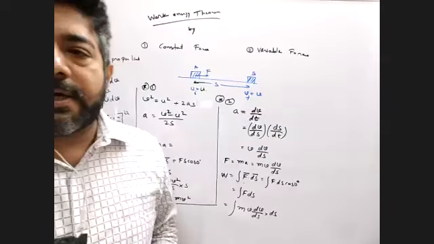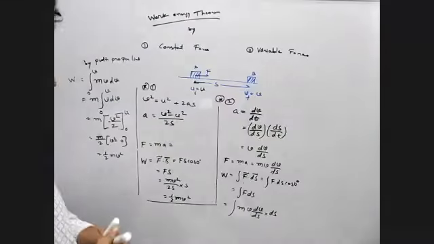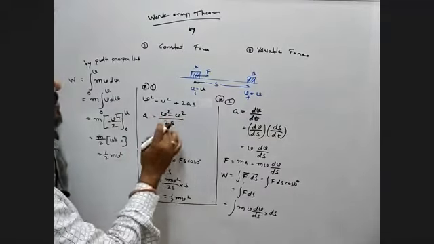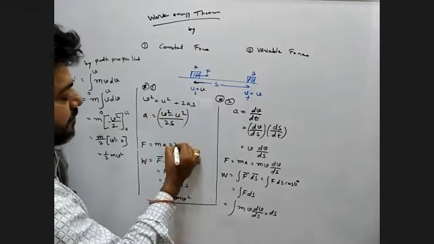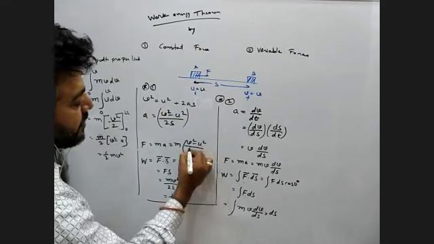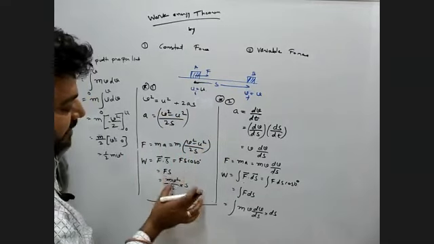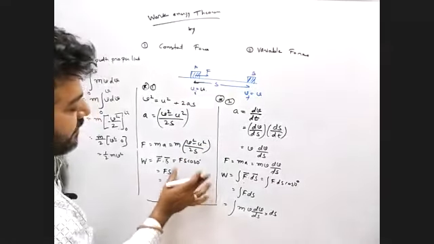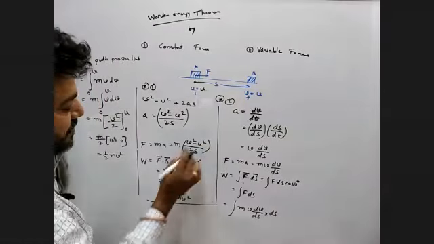Okay, so now see, a is v square minus u square by 2s. If you write in that manner, m into a, m into v square minus u square by 2s, everything is the same, F s. So again you put force into this, force is this much.